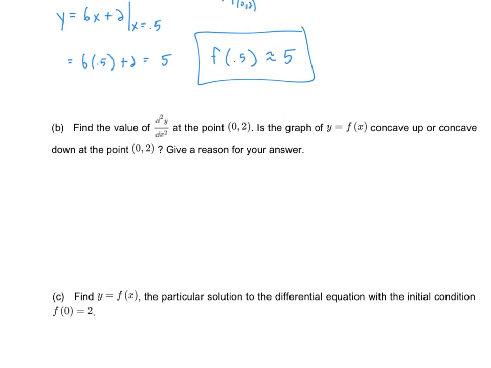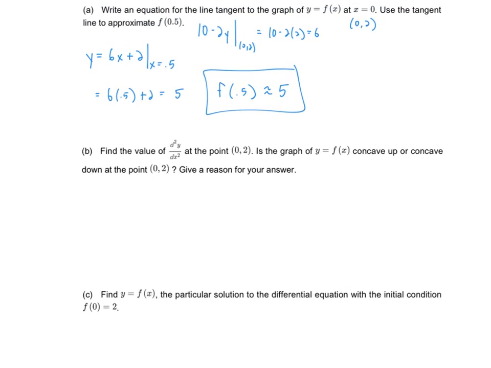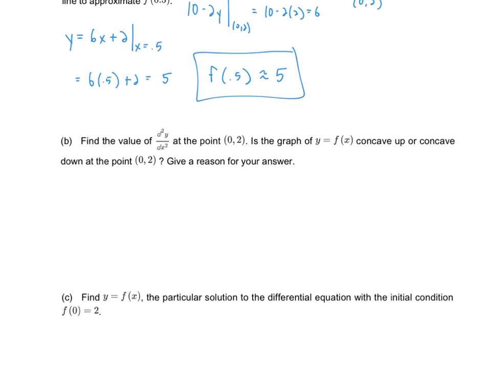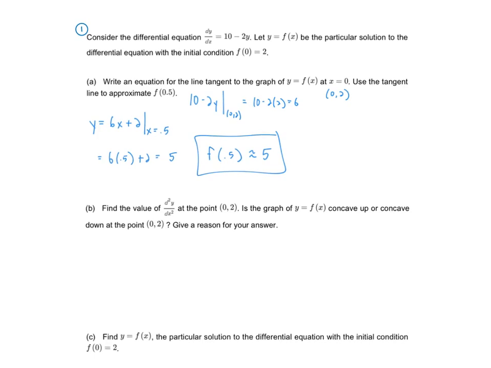Okay, next one, find the second derivative at the same point. Is the graph of y concave up or concave down at that point? So let's take the second derivative. We have the derivative up there, so I'll rewrite this.